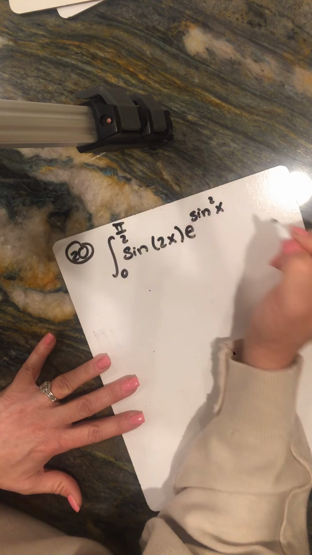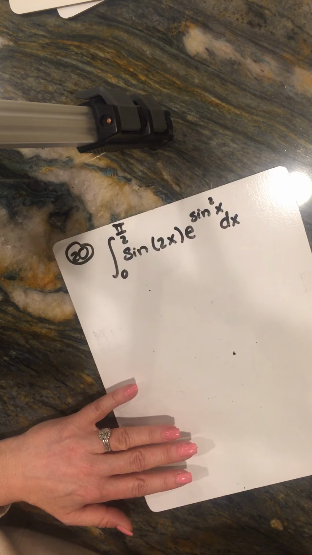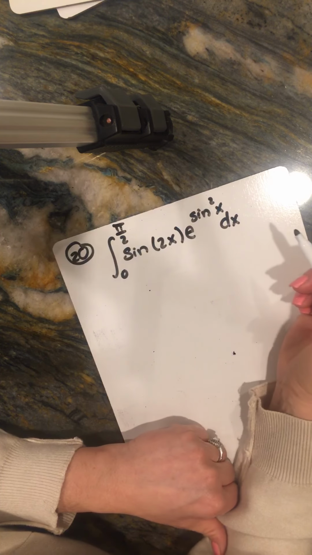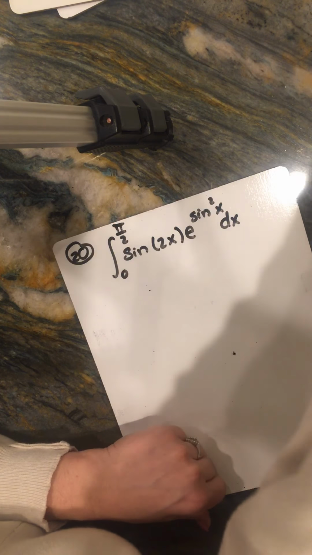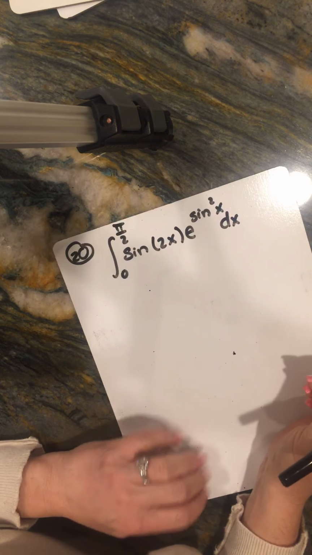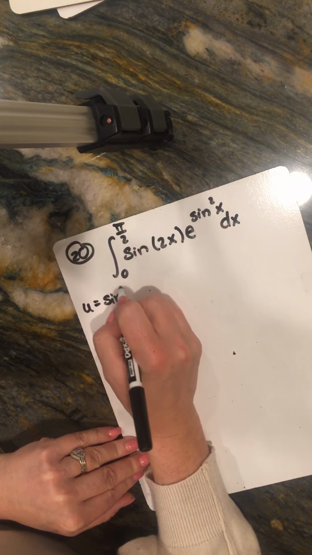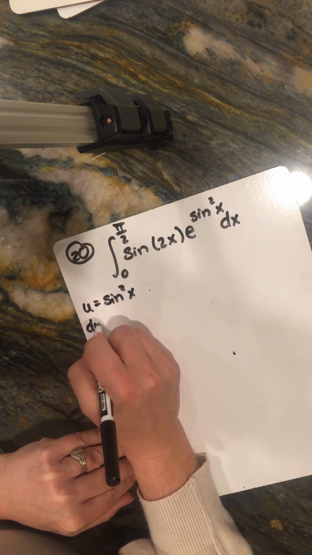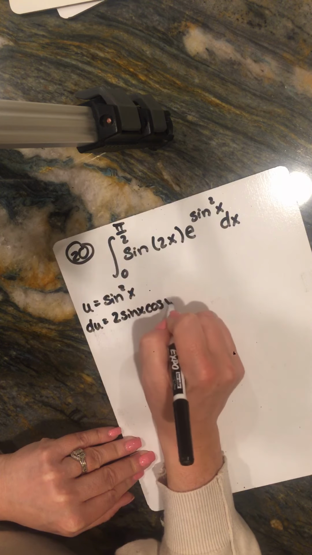Wow, that's quite an equation. Here we go. I'm thinking a u sub on this one. What do you think? I think u sub. So let's let u equal sine squared x. So du equals 2 sine x cosine x.